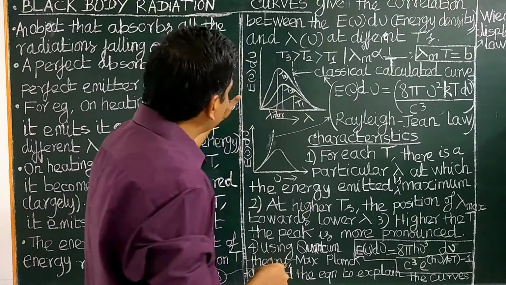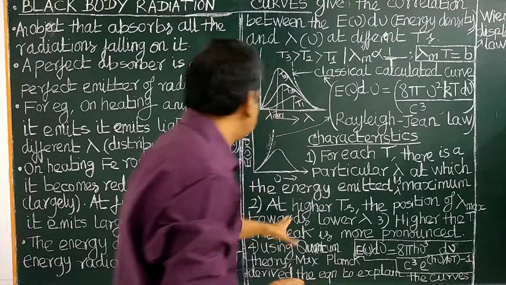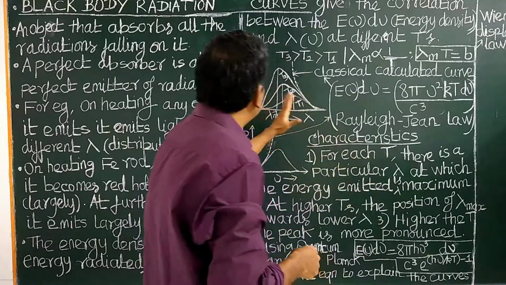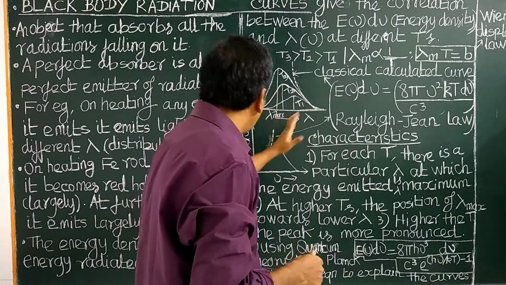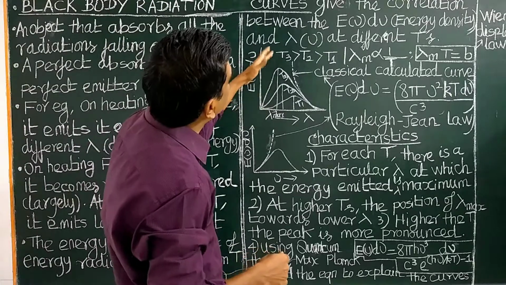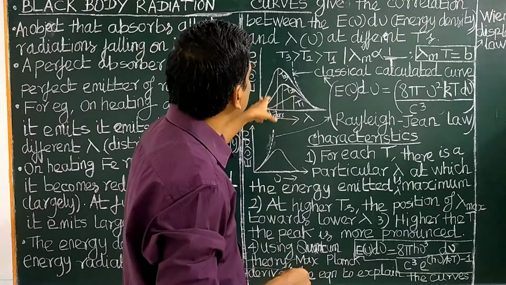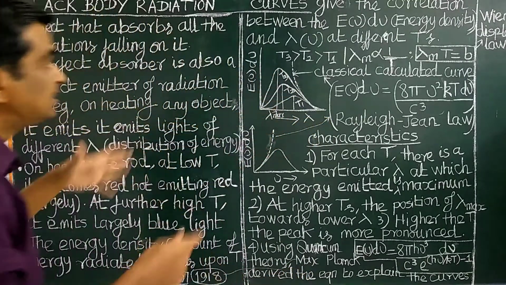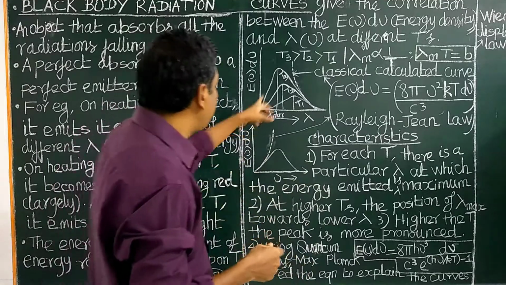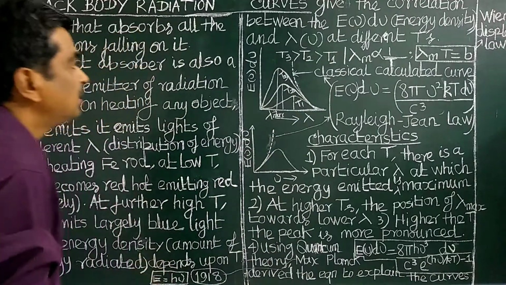With increasing temperature, the position of lambda max shifts towards the lower wavelength. Similarly, the higher the temperature, the higher the peak intensity, the energy density. The peak is more pronounced with increasing temperature.